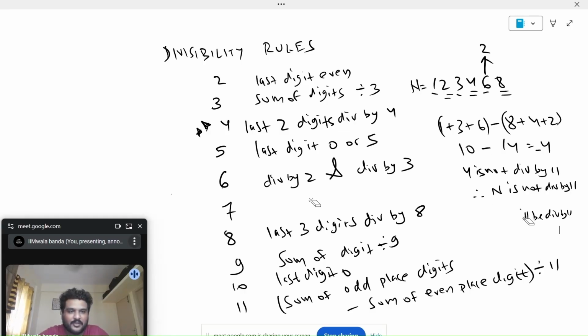So this is wrong because there's negative involved. Let's think it again. I want this minus 4 to be 0. So I want to add 4 here, right? So how do I add 4 here? I can make this as 7. Then my job will be done, because then this will become 14 and this entire thing will become 0. So 1, 2, 7, 4, 6, 8 is divisible by 11.